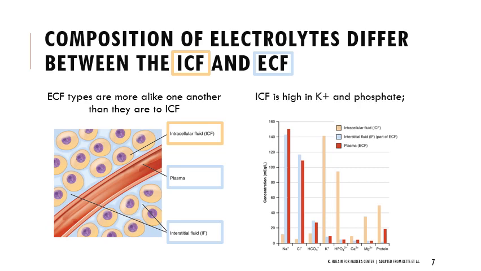And in general, the intracellular fluid is very high in potassium and phosphate, and the extracellular fluid is very high in sodium and chloride. Remember that a high concentration of potassium inside the cell and a high concentration of sodium outside the cell is key for maintaining resting membrane potential and allowing depolarization in neurons, in muscle tissue, different things like that.